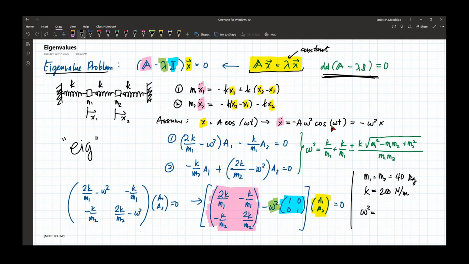Rain, can you calculate omega, please? And Christian, can you verify the omega squared? Can you use your calculators or MATLAB if you want? The others can also compute the two values of omega squared.